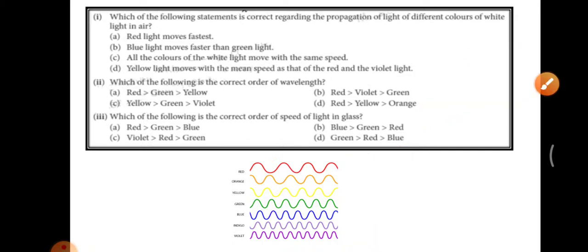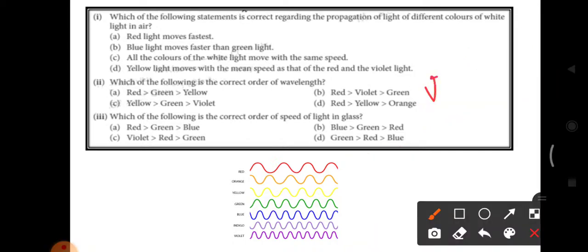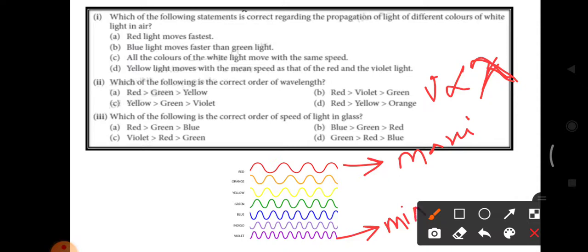Please note this point. The speed is directly proportional to the wavelength. If the wavelength is high, the speed is also more. Here the red light has the longest wavelength, so the speed of the red light is maximum. And the wavelength of the violet is minimum, so the speed is also minimum.